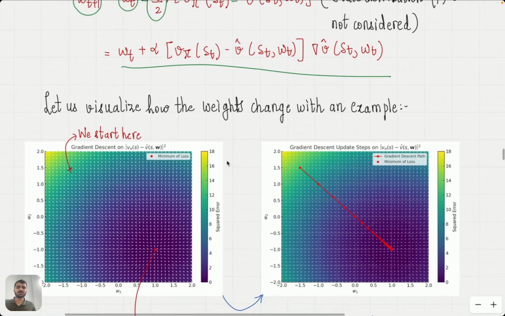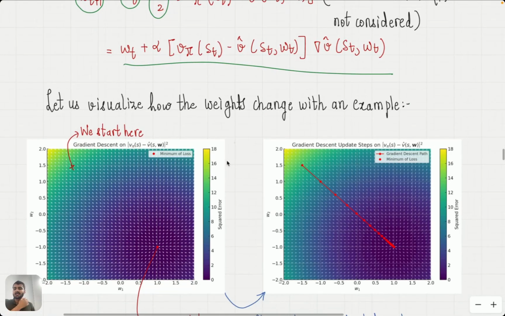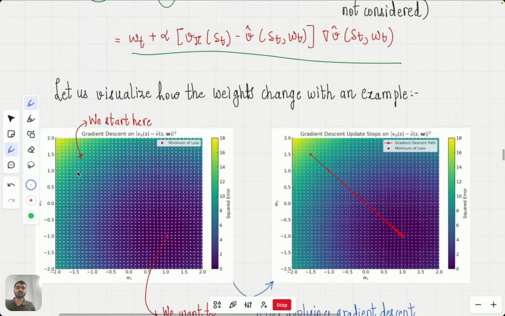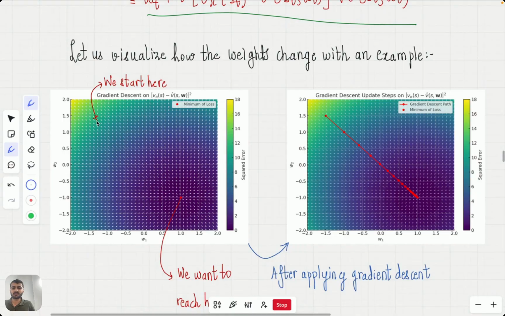So what we are essentially doing here, you can visualize. Let us say we have two weight parameters now, W1 and W2, and we are starting. Let's say this is our function. We are starting somewhere here, and the minimum of loss happens somewhere here. So after applying gradient descent, this is step number 1, step number 2, step number 3.